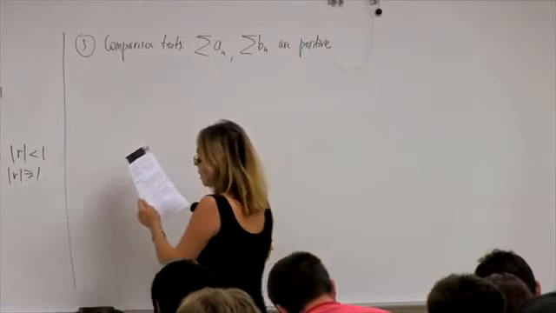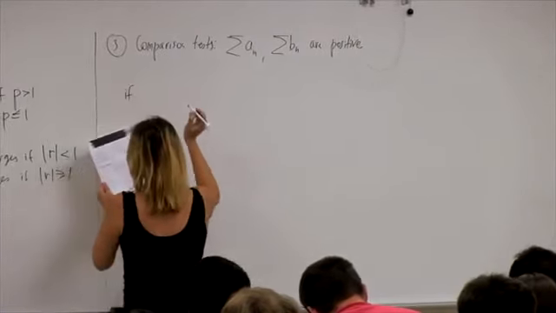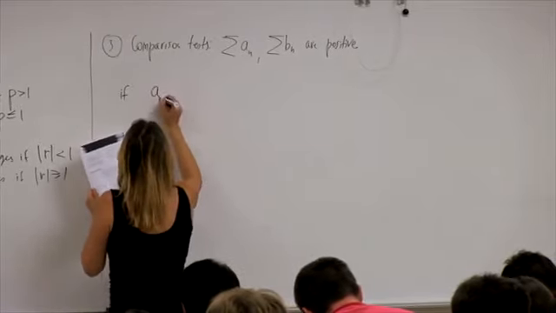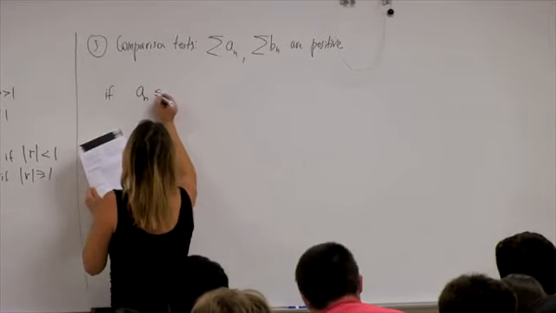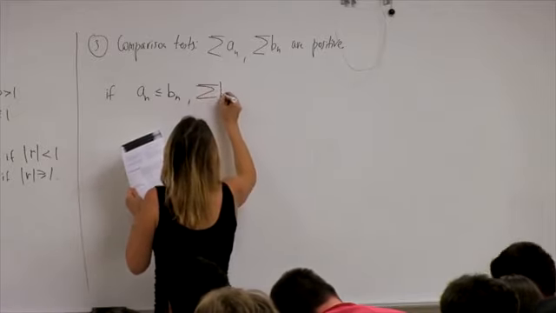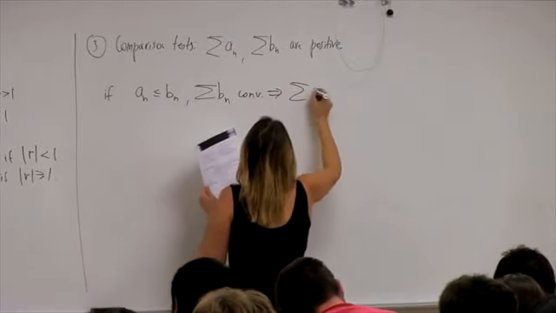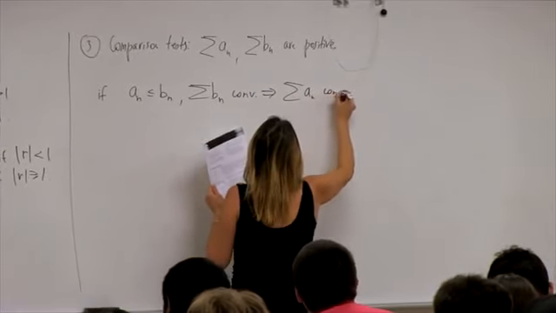Okay. So if a_n is smaller than or equal to b_n and the sum of b_n converges, then the sum of a_n converges.